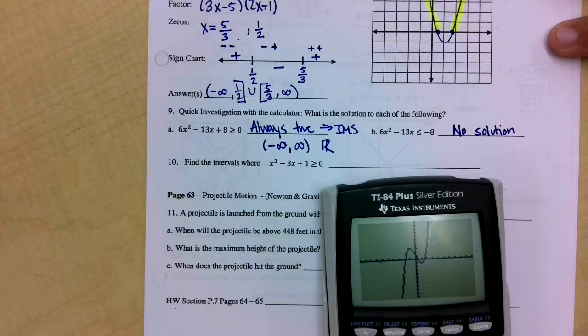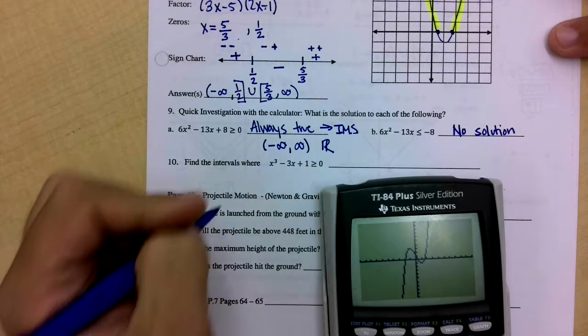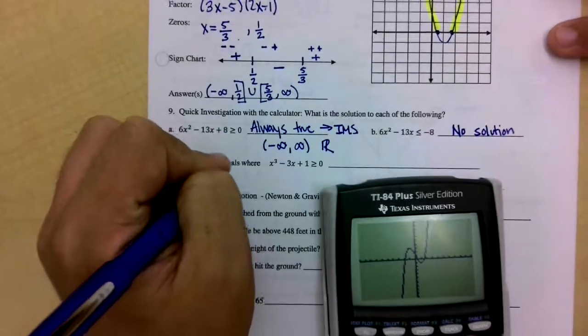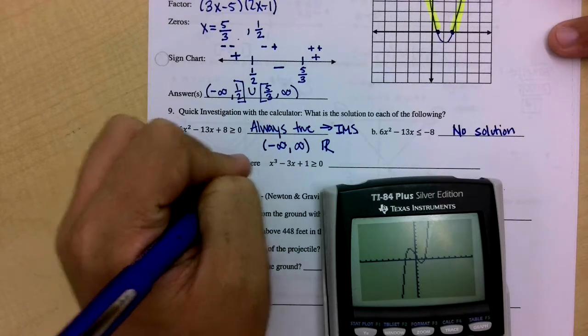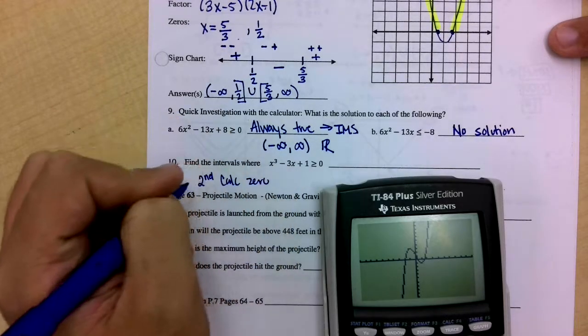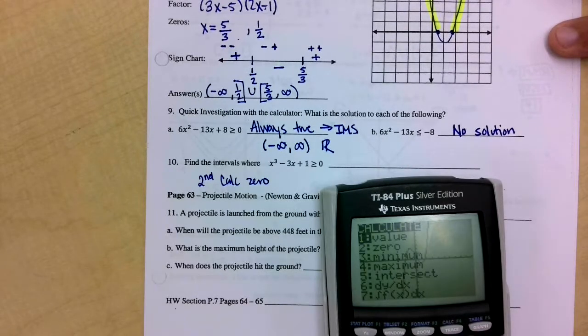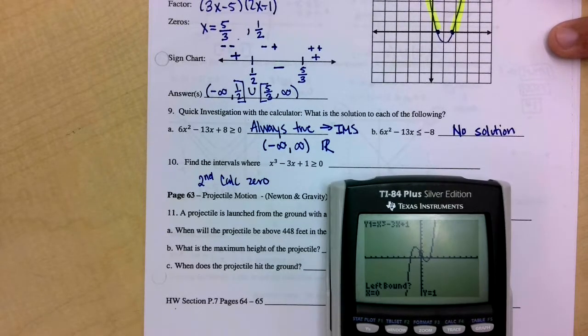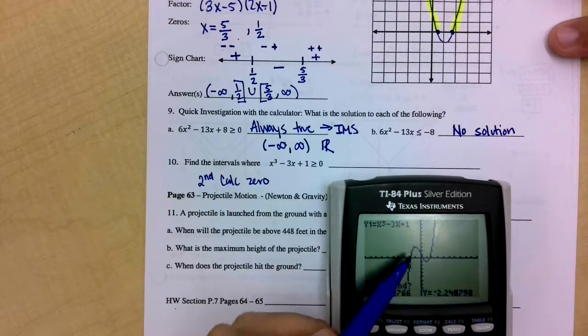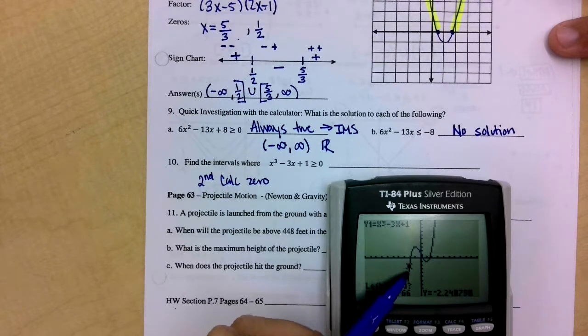So remember that that's going to be our second calc 0 command. So second calc option 2 for 0. Remember, left bound, right bound, we got to think, okay, if I'm going to look for this 0, where it's crossing the x-axis, if I am on the left side of it, is my graph above or below?